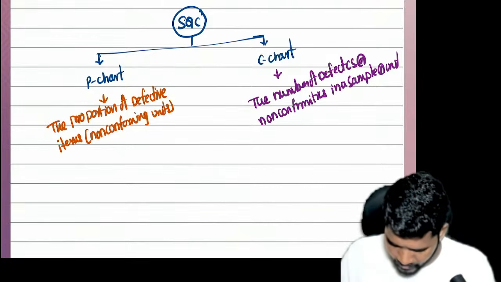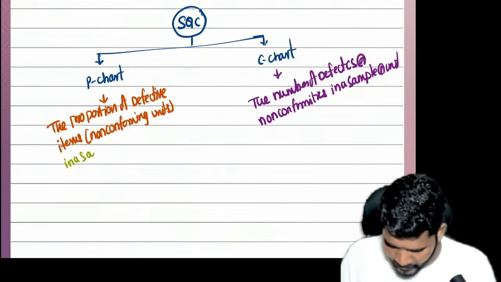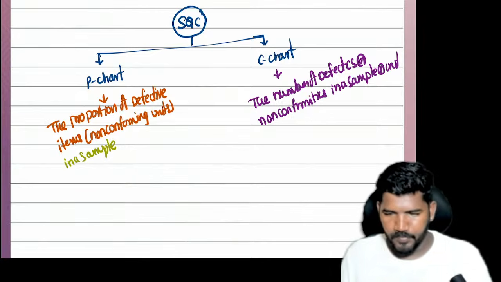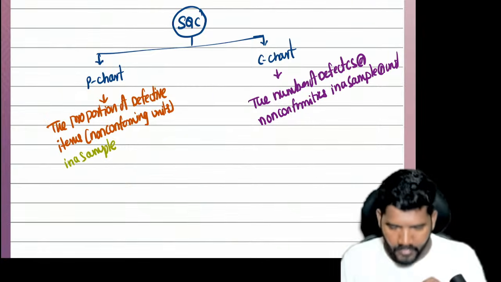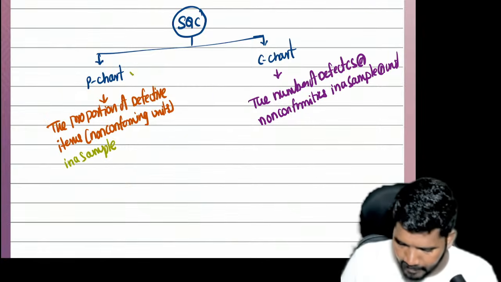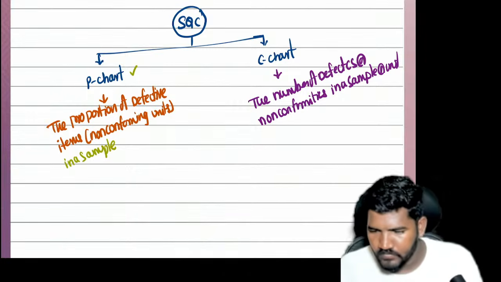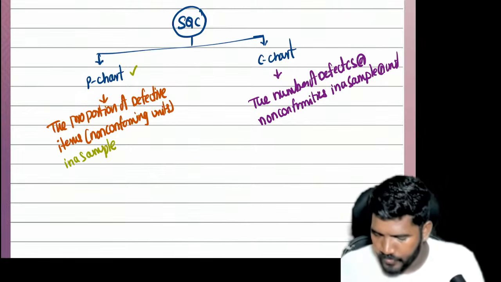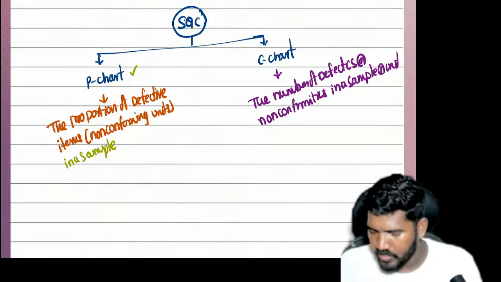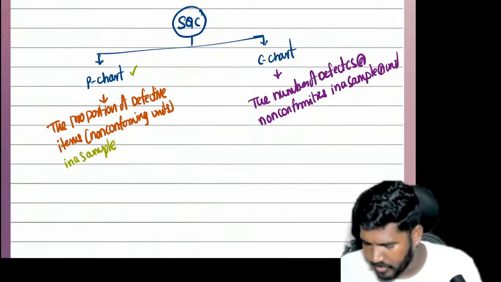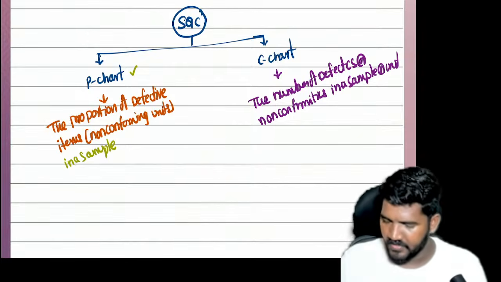Here also we take a sample, and if you are focusing on the proportion of defectives in that sample, that is called a P chart. When it comes to the C chart, the number of defects or non-conformities in a sample or in a unit is called a C chart.